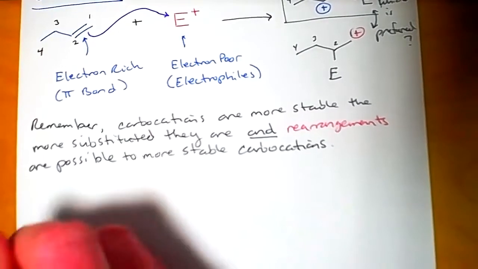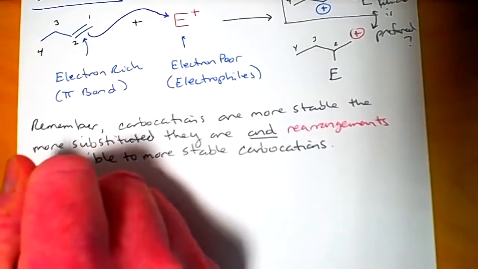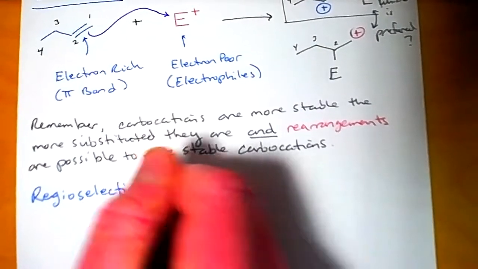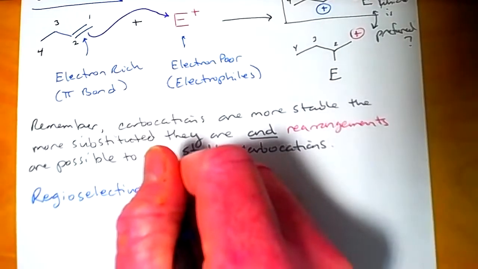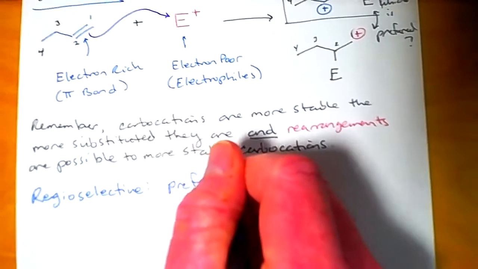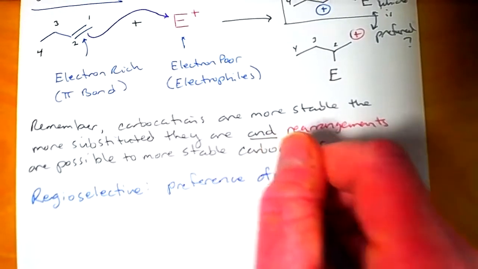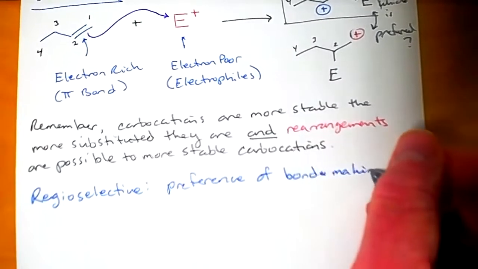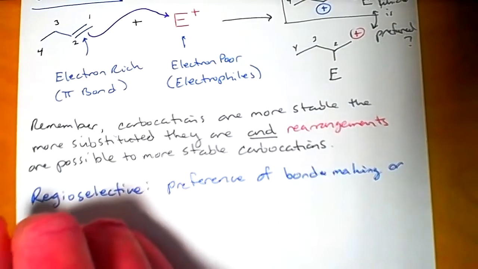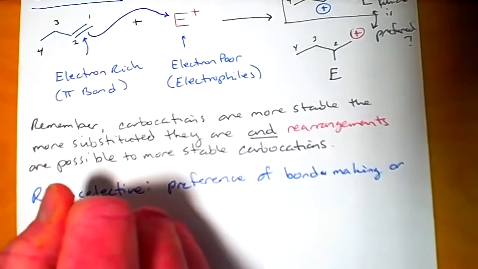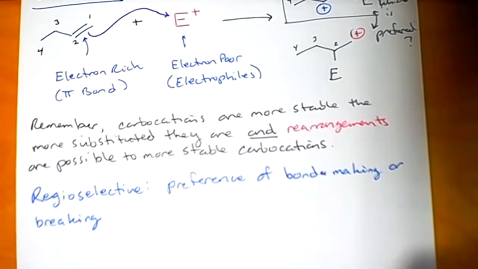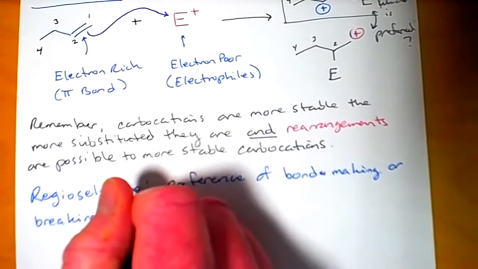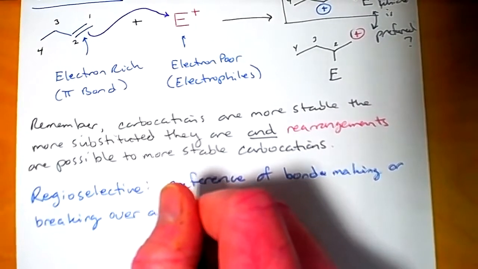Now, the other thing I want to introduce here is a term that's used quite a bit in this chapter, which is the word regioselective. So I want to just mention that now. What regioselective means is preference of bond making or breaking over all other possibilities.